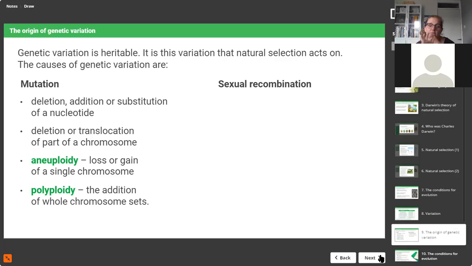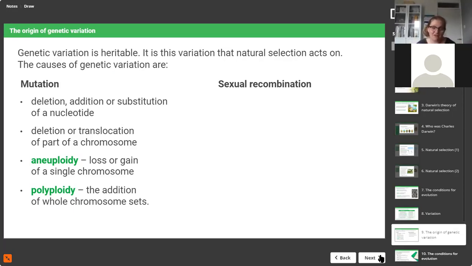Or with translocation, when they're crossing over and linking, some parts can get stuck to the wrong part of the chromosome and get pulled apart. So in mutation we can get aneuploidy, which is a loss or gain of a single chromosome, or polyploidy, which is the addition of whole chromosome sets.